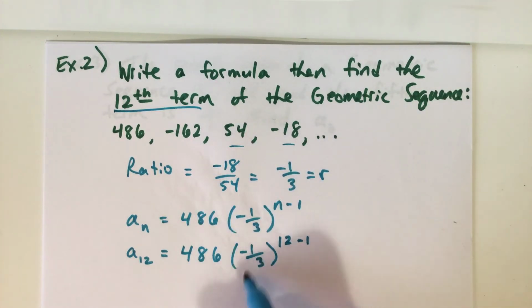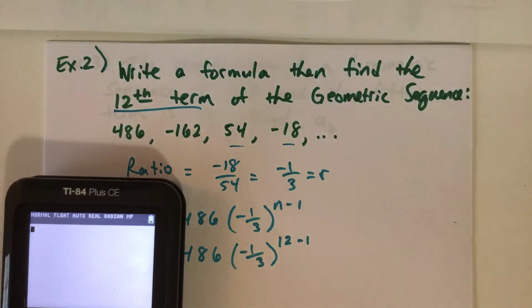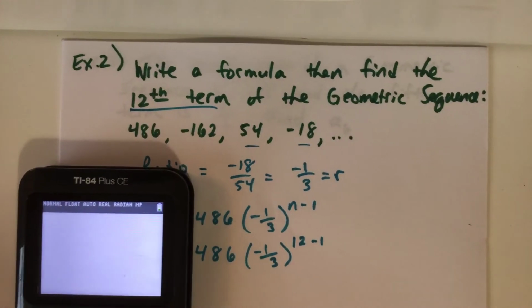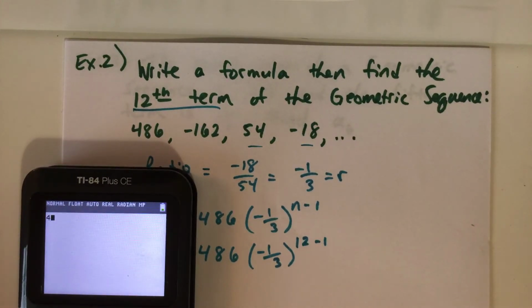Well, I know that raising negative 1/3 to the 11th power is going to be a pretty big number. So I'm going to use my calculator for this next part. I'm going to take 486, multiply it by negative 1/3, raised to the power of 11, and we get this decimal answer.